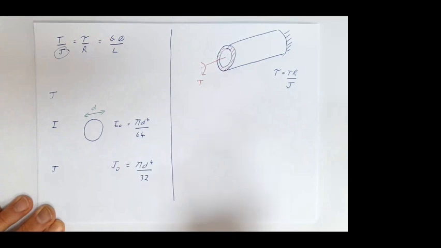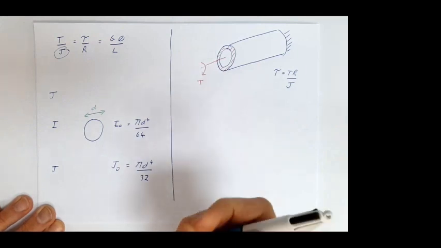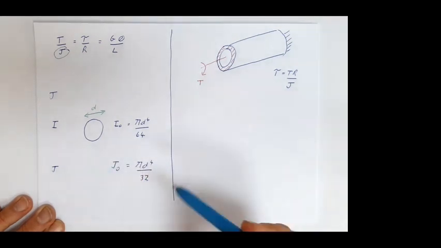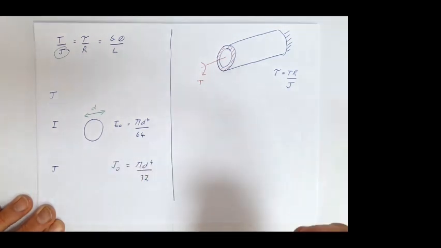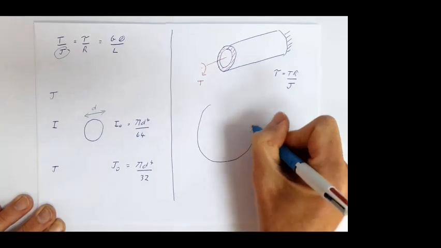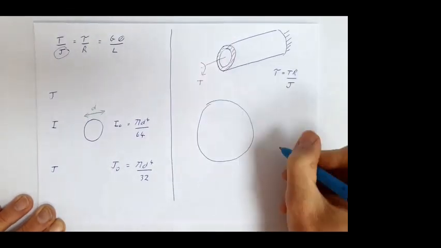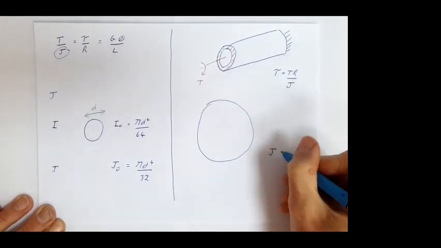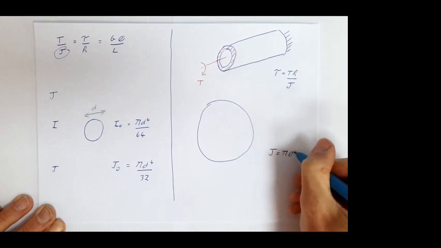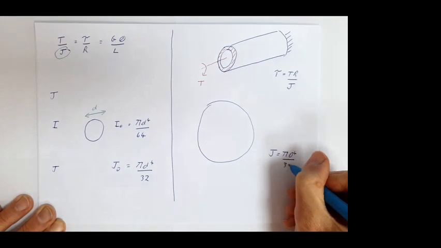In order to do that, we'll use the principle of superposition. We've seen J for each circle is pi d to the 4 over 32. So if we've got a solid section, we know how to work out what J is. J equals pi d to the 4 over 32.